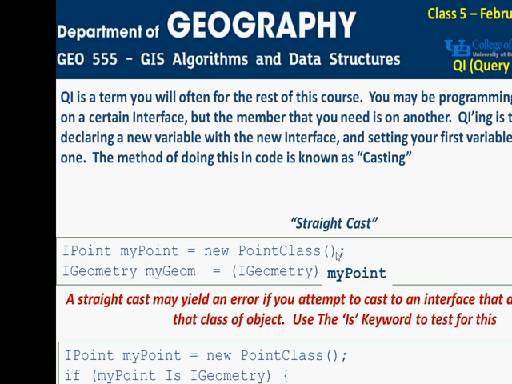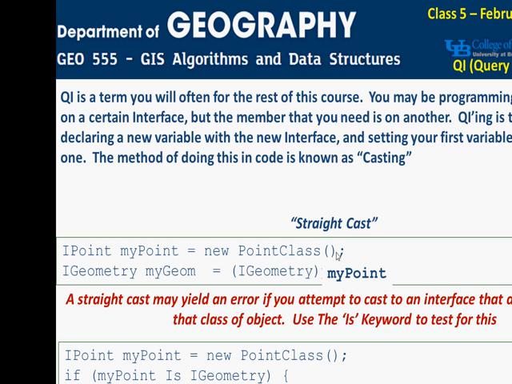So interface 1, object 1 is set. Interface 2, object 2 equals object 1 with interface 1 in parentheses. And it is redundant because you'll always repeat the interface name twice, but that's just the way it is. I think I did some rehab on this slide, so it looks funny, but there's nothing in between there. It's iGeometry, myPoint, the original.